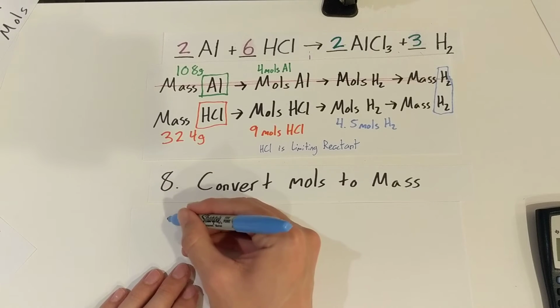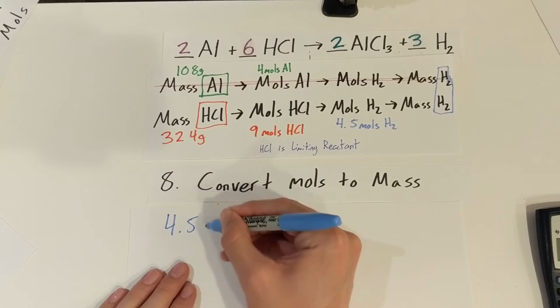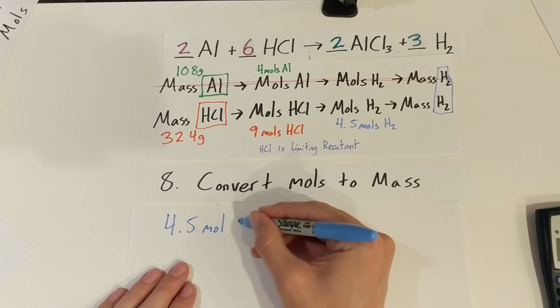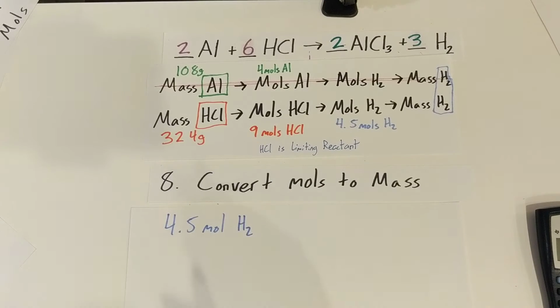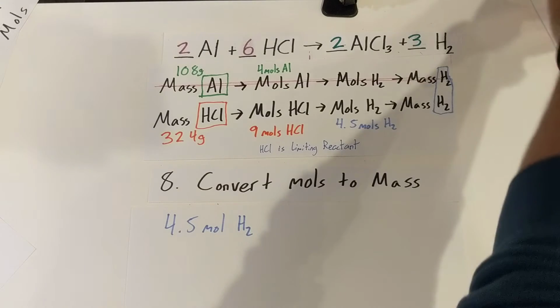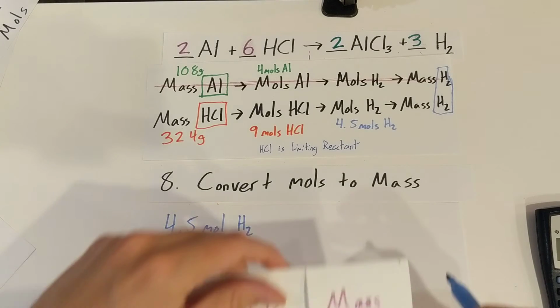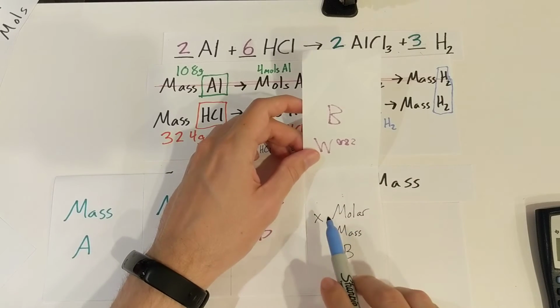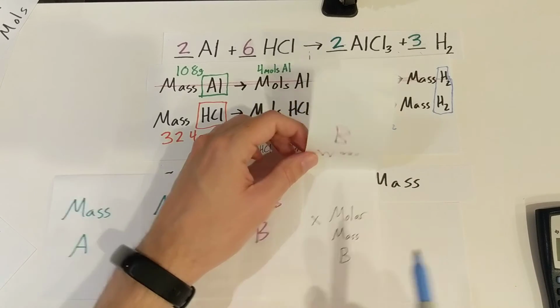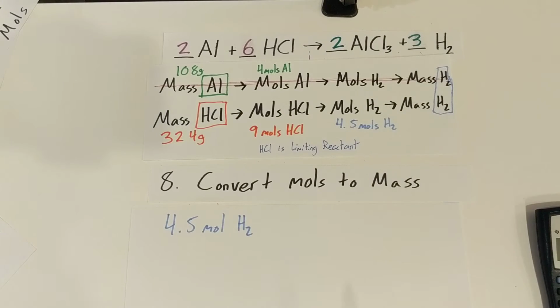All right, so we are at 4.5 moles of H2. And if you remember, at the very beginning of this problem, we calculated the molar mass of H2. And to go from moles of H2 to mass of H2, what we have to do is multiply by our molar mass.